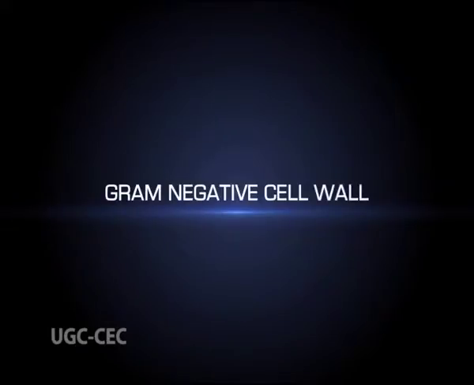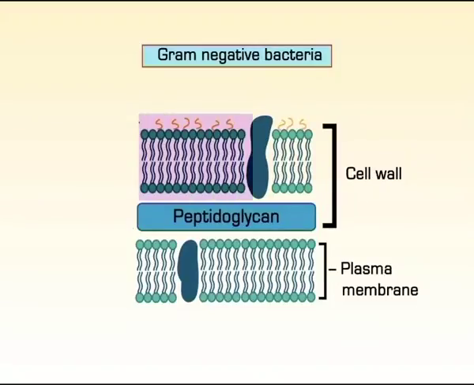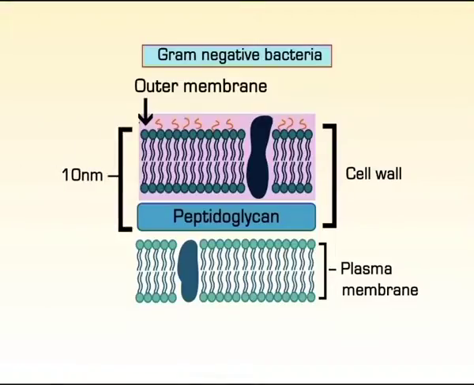So next we'll come to the gram-negative cell wall. In gram-negative bacteria, the cell wall is composed of a single layer of peptidoglycan, and this is surrounded by a membranous structure, which we term the outer membrane. In this gram-negative bacterial cell, the wall is thinner, that is 10 nanometers thick, and less compact when you compare that with the gram-positive bacteria.